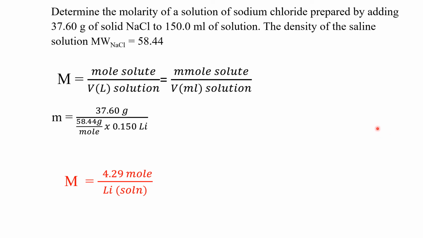Now, let's go to density. What can we extract from the density? It is 1.1478 grams per ml of solution. This means that this mass, 1.1478, consists of the mass of sodium chloride and the mass of water together for every ml of solution. That is what density means.